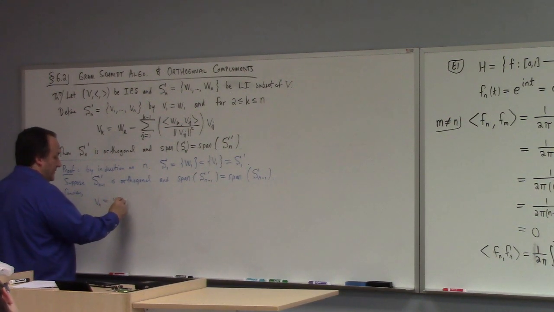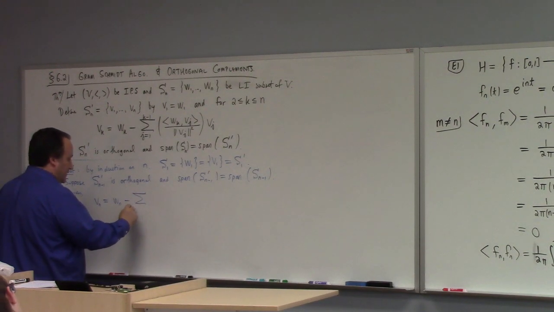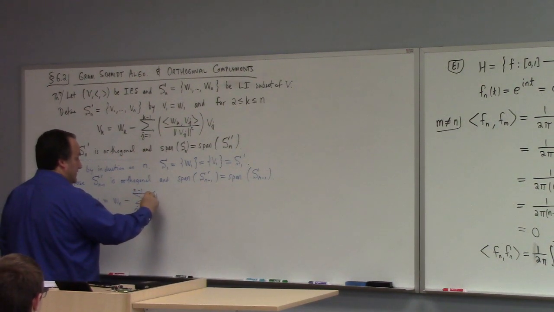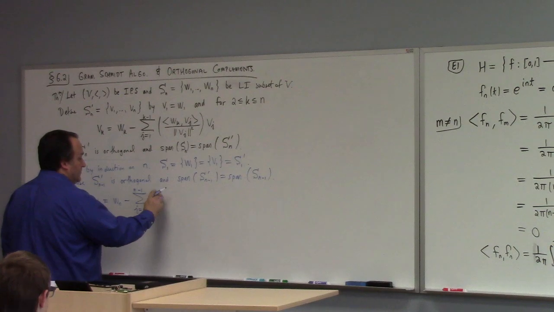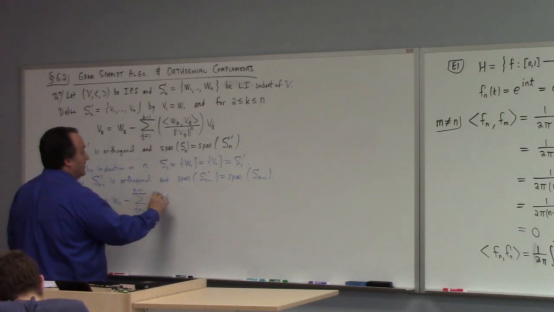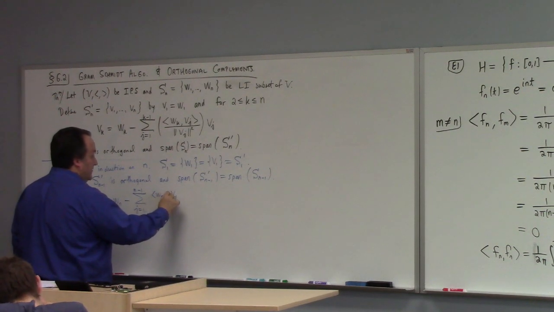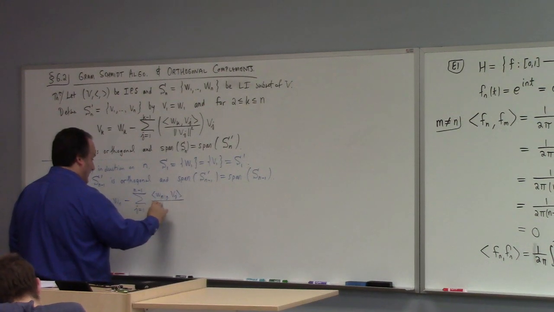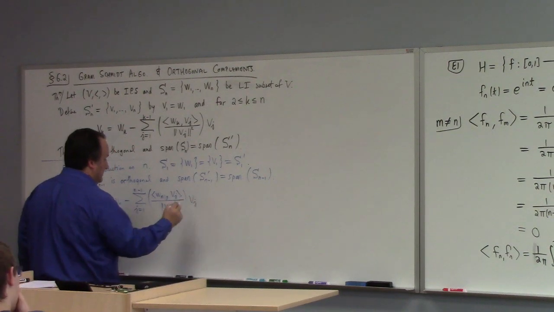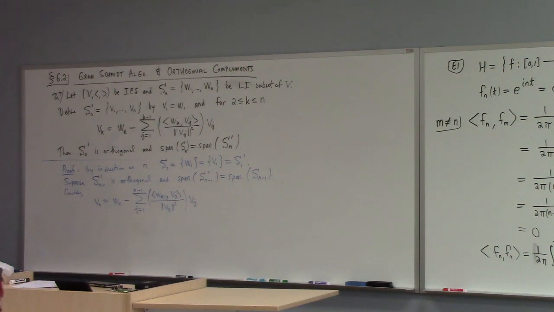Wn minus the sum, j equals 1 to n minus 1, of the inner product of Wn with vj divided by the length of vj squared, all in the vj direction, right? So if this was equal to 0, we'd be in trouble, right?